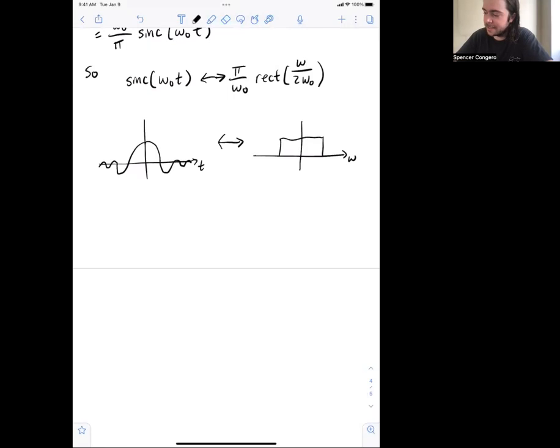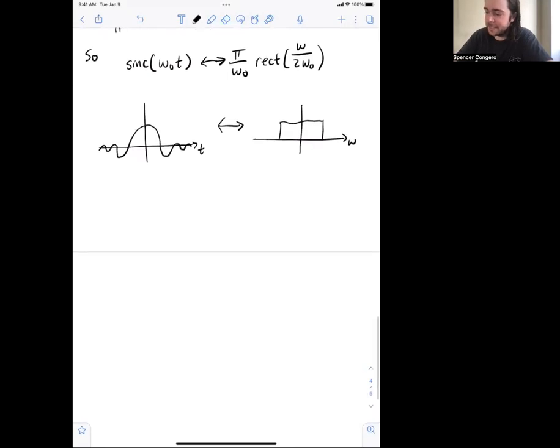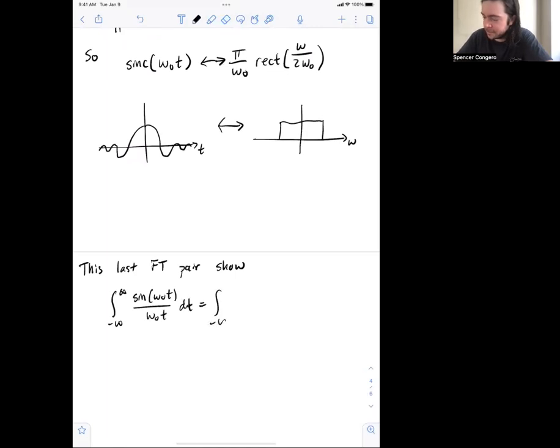And there's just sort of some interesting things you can say about this last Fourier transform pair. What else does it show? Okay, it actually gives us a way of calculating the integral of the sinc function. Okay, integral of sine omega naught t over omega naught t dt, which is just the integral of the sinc function.